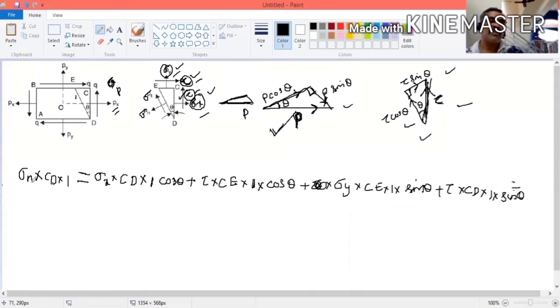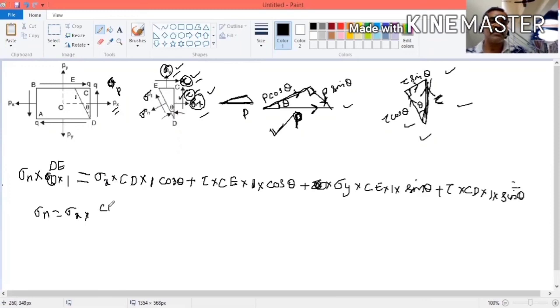Now if you take sigma n, what will come? Sigma x into CD by, sorry, this is not CD, this is this distance, DE.